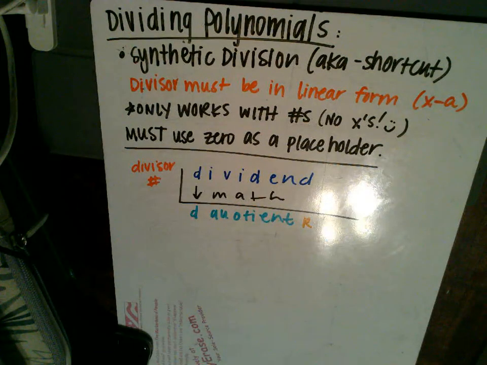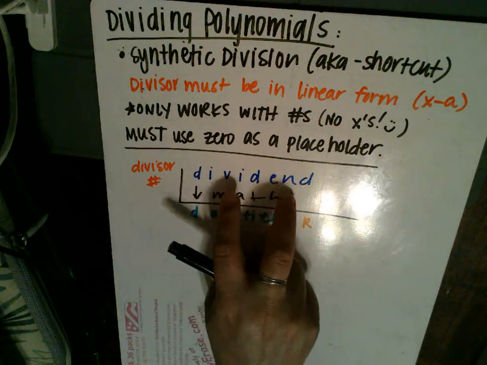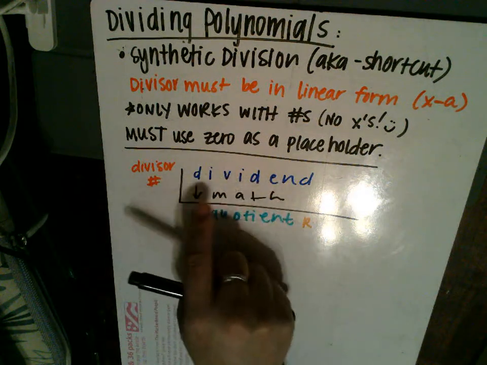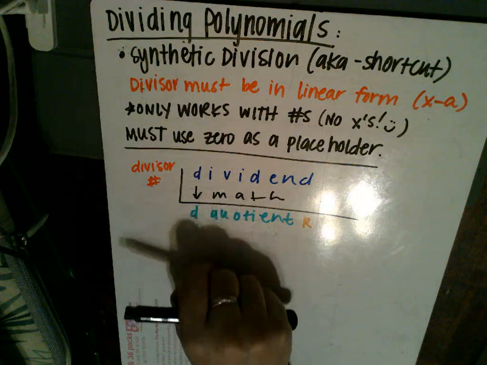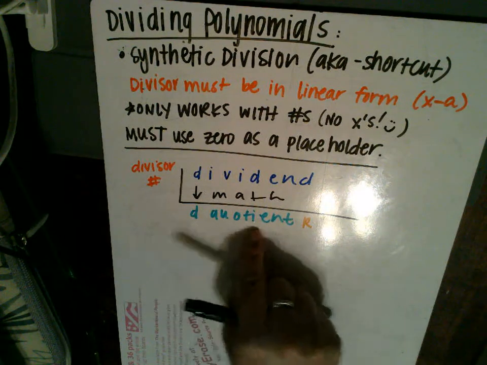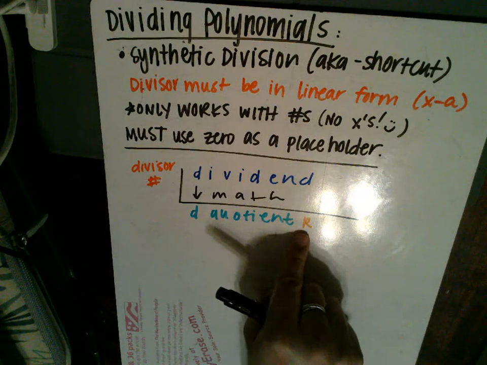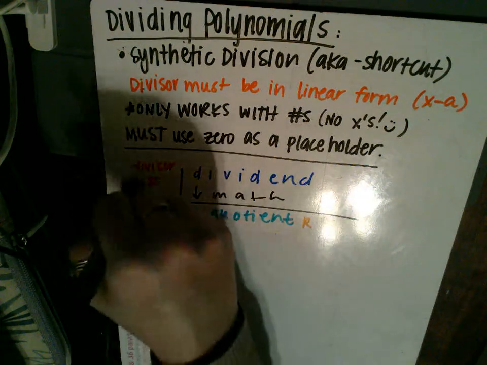So it looks a little different, but it's much nicer. So let me just give you an example, and you will see how lovely synthetic division is. The divisor number goes on the outside, dividend goes on the inside. I'll talk about how to do this math, and our quotient is represented by numbers here, and the remainder is just the last number at the very end of your synthetic division.